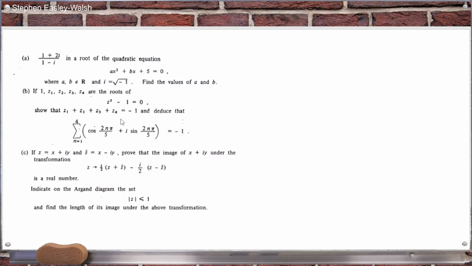We want to show that the roots add up to minus 1, or in other words, to show that z1 plus dot dot dot z4 equals minus 1 is the same as showing that 1 plus z1 plus z2 plus z3 plus z4 equals 0.